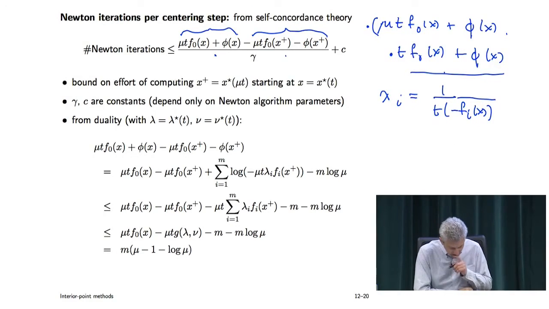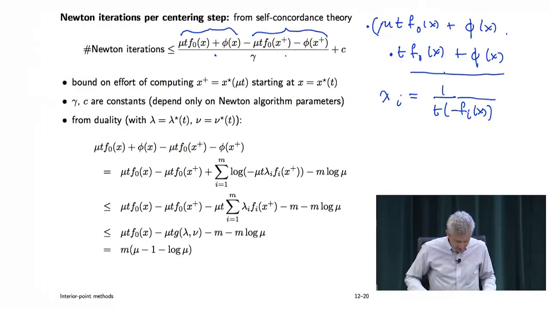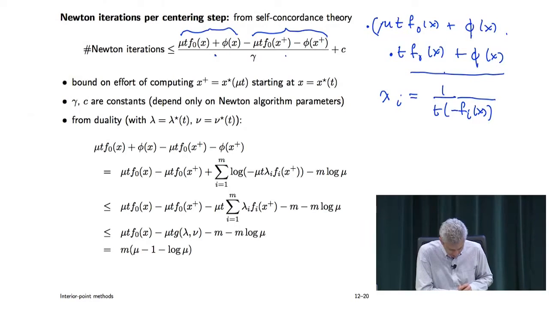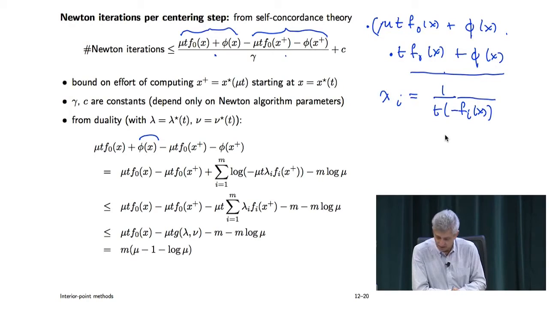Okay? So now we simply go through and make various substitutions, and I'll say a little bit about each one, but won't go into too many horrible details here. So this says, for example, that you can take phi of x, which is minus sum log minus fi.